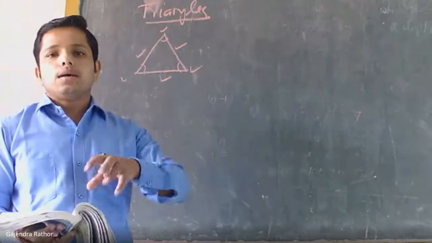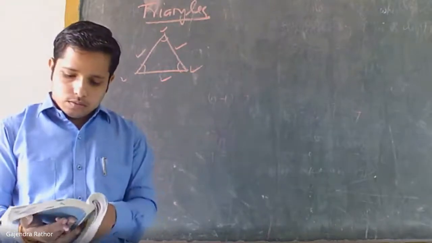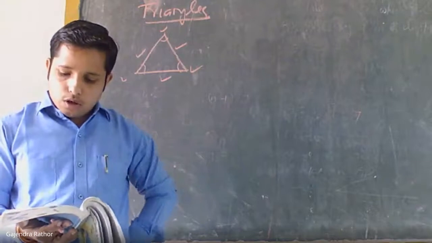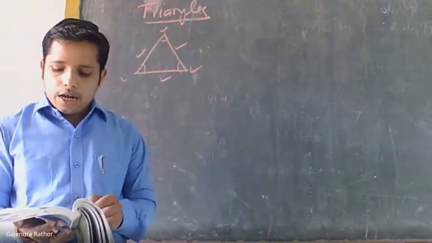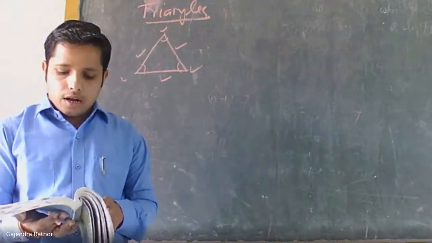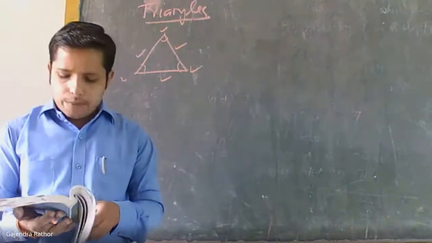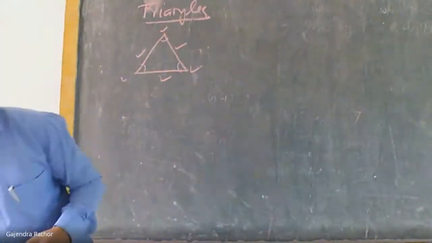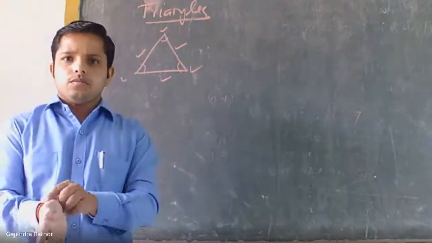This is the main topic of this chapter. Rules of congruence, some more properties of triangles, and inequalities in a triangle. We have already verified most of the properties in our earlier classes. In this chapter, we will also prove some other properties.